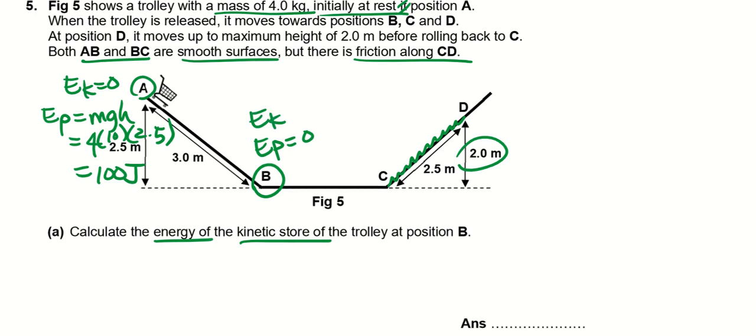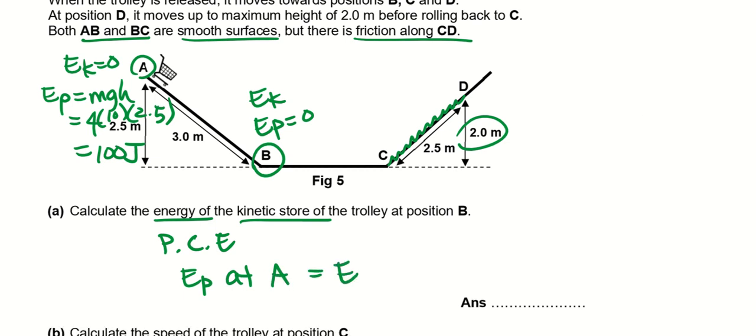So how about the EK? By the principle of conservation of energy, the EP at A is going to be equal to the EK at B. This is of course ignoring air resistance.